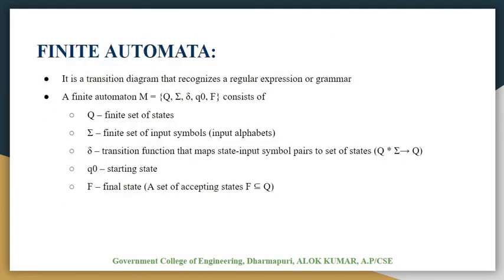Now the next topic is finite automata. You have already seen finite automata, but here we will see again that it is a transition diagram that recognizes a regular expression or grammar.